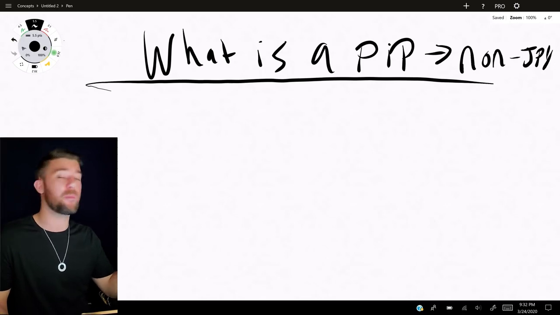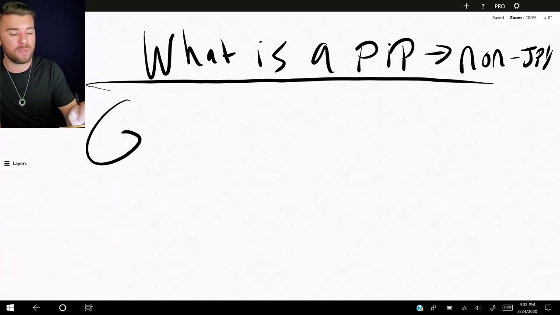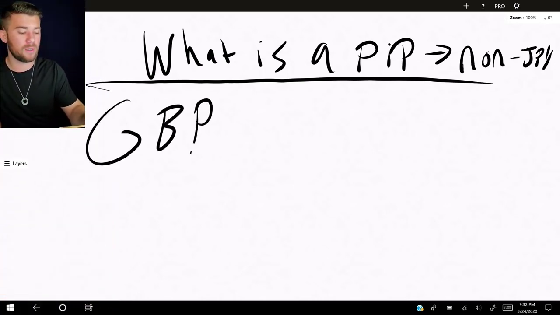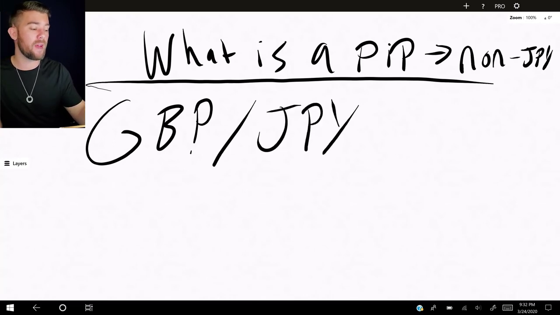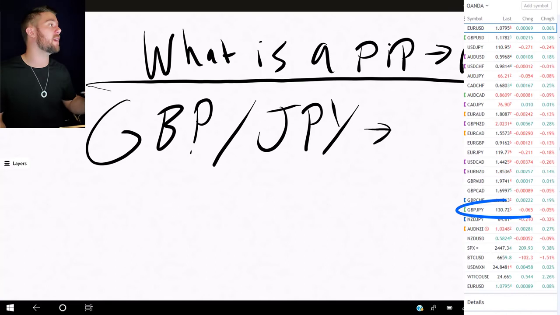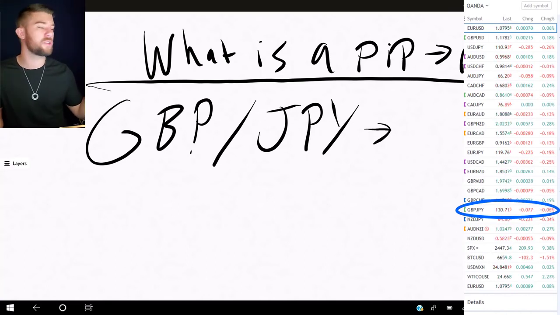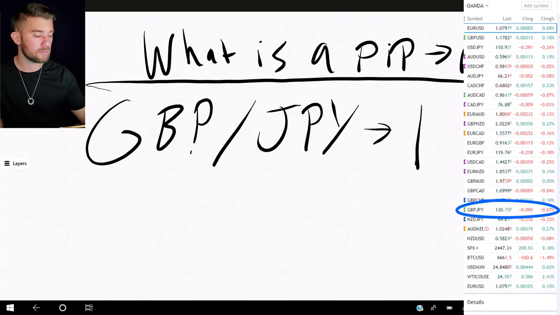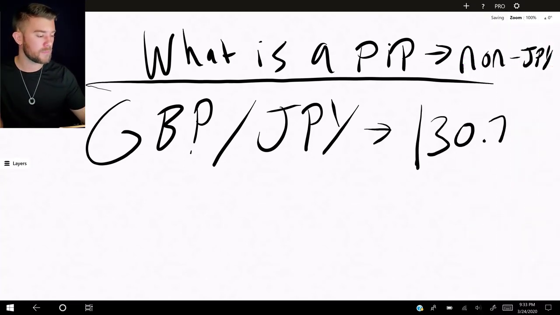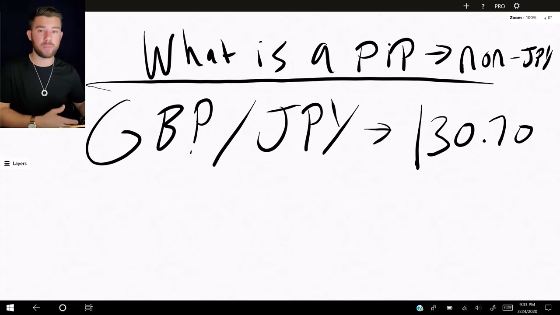Let's try out the pound yen. So GBP JPY, and the value of this currency pair right now, if I find it on the chart, and I'll show you a screenshot of it somewhere, the value of the pound yen is 130.70. As you'll notice, because this pair has JPY in it, we only move 2 decimals from the decimal, right?